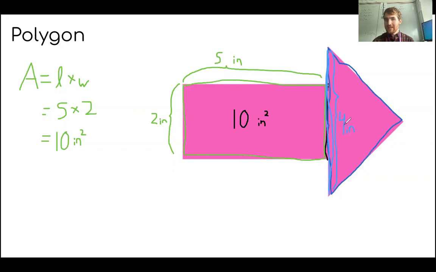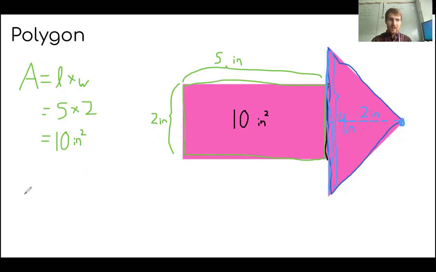Well, if this is the base, then the height is from the top down to the base. So I need to imagine turning the triangle in my mind and looking at this segment here, because now this is the top. If the bottom is this blue line down here, the top is this point up here. So let's say I measure that and I get 2 inches.